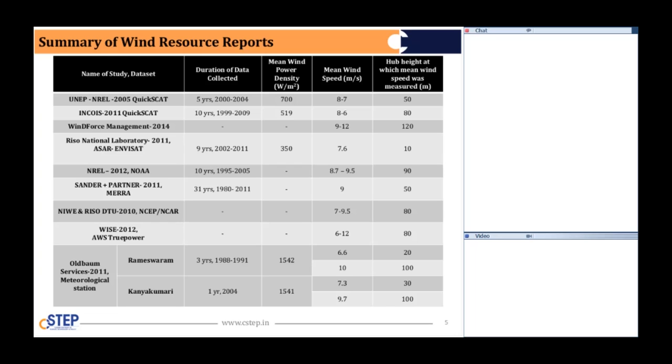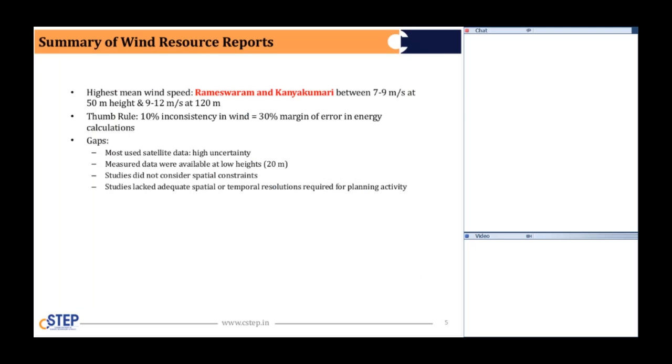Similarly, for some domestic studies that were done by WISE or CSTEP, you will notice that the hub height too is varying. In the WISE 2012 report, where they took the true power data set, you have a hub height of 80. And a similar partner, when he did another study with ORDOM services, had a different reading of 6.6 meters per second at a hub height of 20.